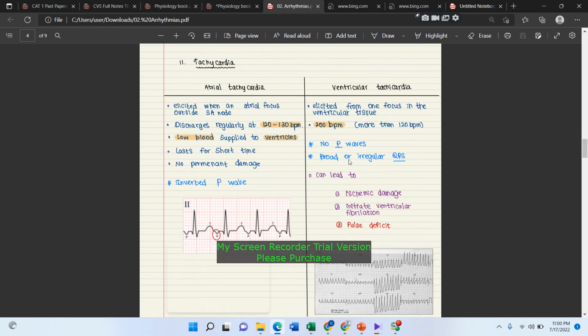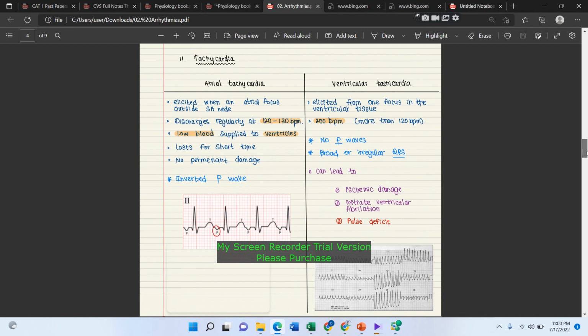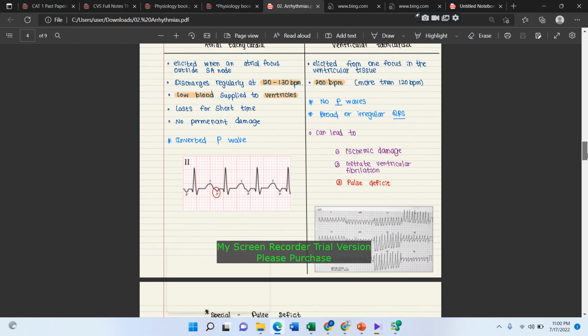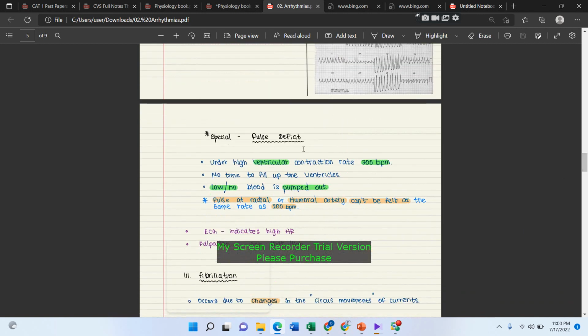When the ventricles contract rapidly, there's no time to actually pump blood, so no pulse is observed. You can see pulse deficit under a high ventricular contraction rate of 200 beats per minute, with no time to fill up the ventricles.